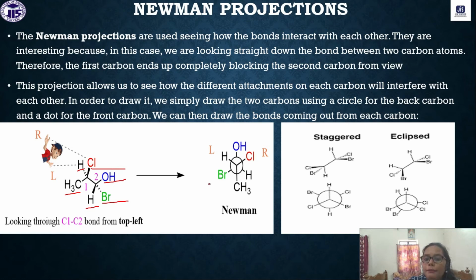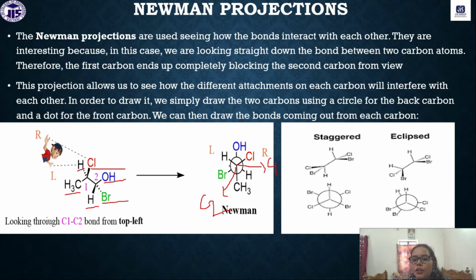So what will you see? If you assume this C1 carbon is a point, and whatever bigger circle we have, that is the C2. This bigger circle is C2, and the pointed structure we have, that is the C1, right.